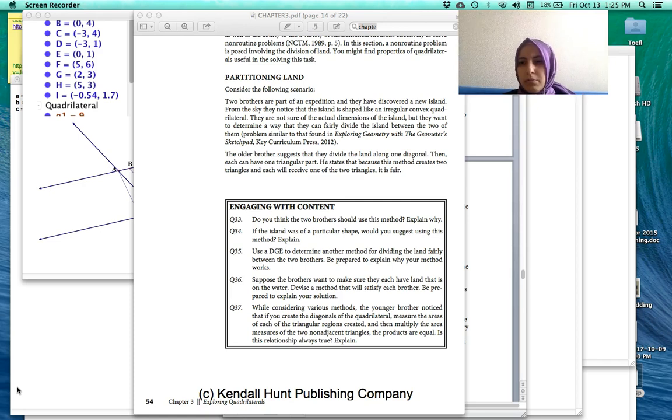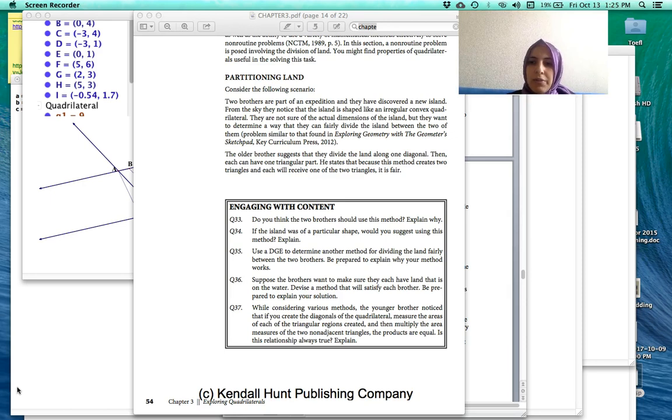I think the older brother suggests this one, but it's not fair. He states that this method creates two triangles and each will receive one of the triangles. If the island is a square, rectangle, trapezoid, parallelogram, or rhombus, then it works to divide the land along one diagonal.